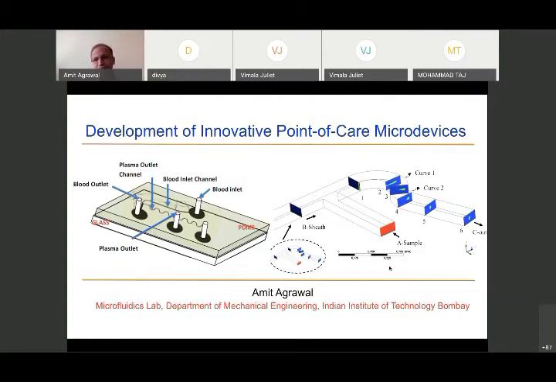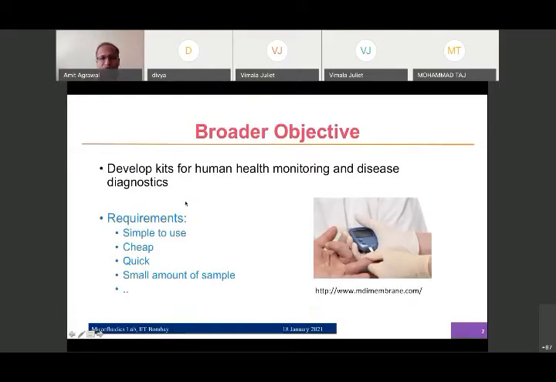This is an example of what we mean. Of course, we know about pregnancy kits and glucose meters and such things in the market, which are essentially doing one or the other of these tests.